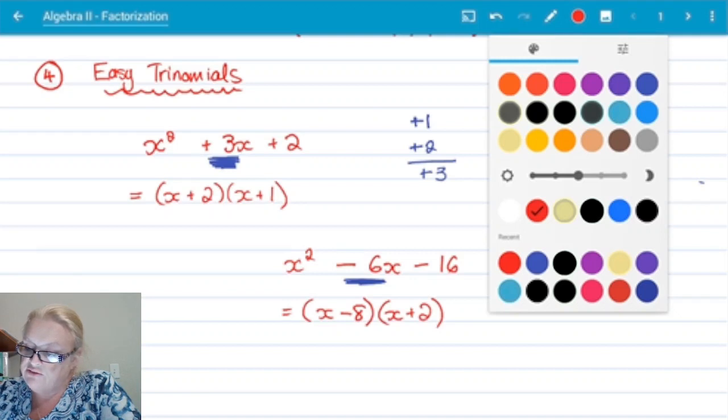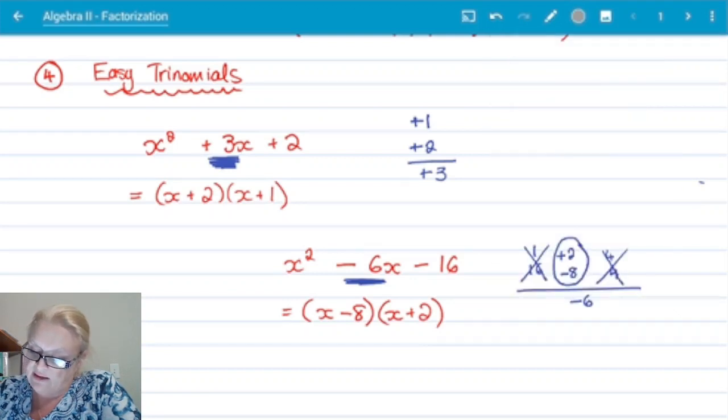Just to convince you that it is correct, let's take a pencil and multiply these brackets out. And if I'm right, I should come to that previous step. x times x is x squared. x times 2 is plus 2x. Negative 8 times x is negative 8x.